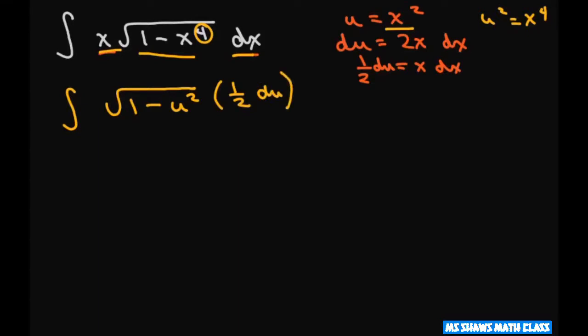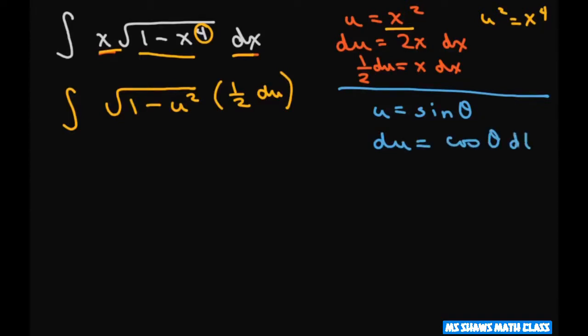Alright, furthermore, I'm going to make a second substitution, and I'm going to let u equal sine of theta. Therefore, du equals cosine of theta d theta.